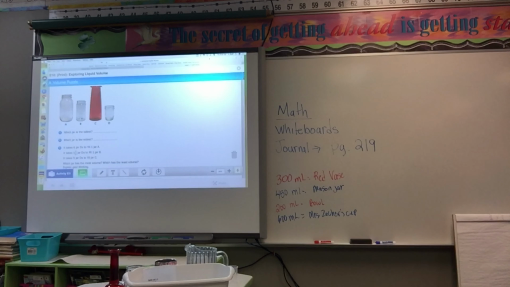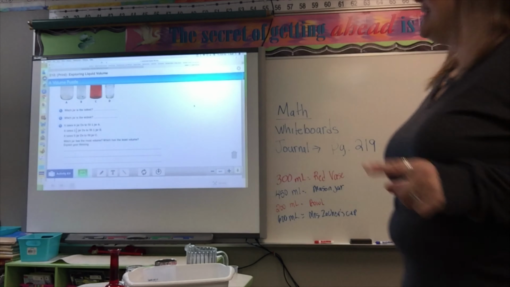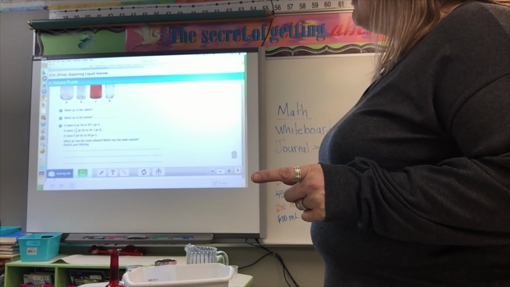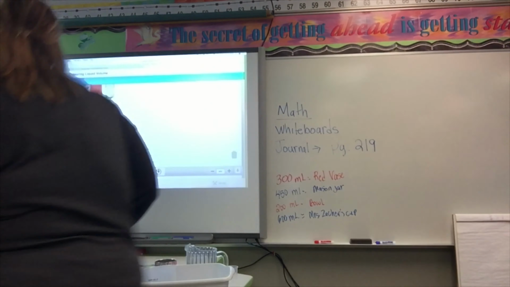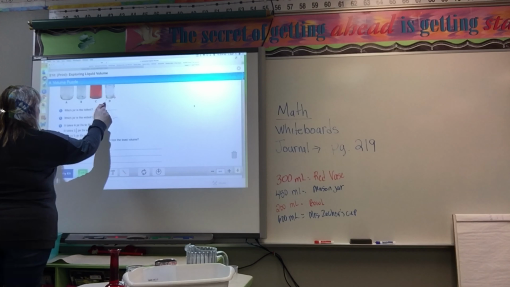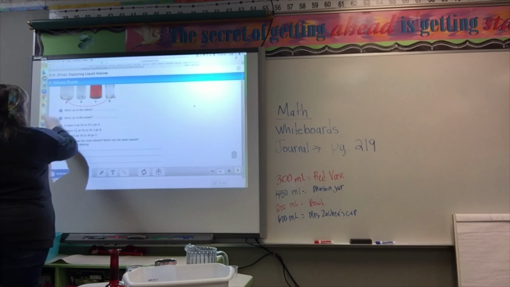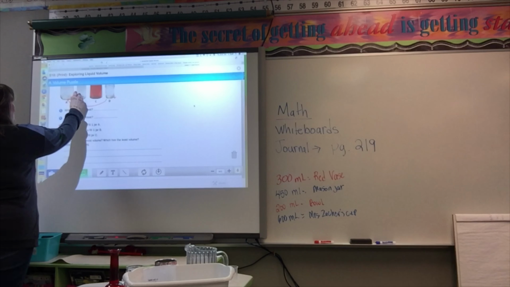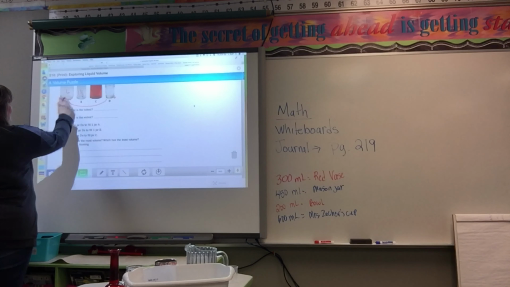But the question that's going to be hard, this challenge question today, is this one. If it takes 6 jar Ds to fill jar A, so that means that 6 of these are going to fill A. It takes 1.5 Ds to fill 1 jar B. So 1.5 Ds.